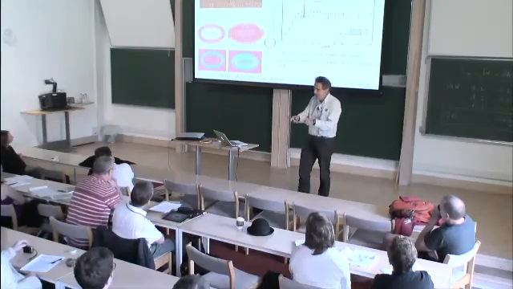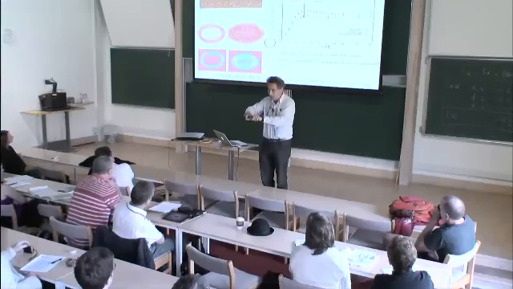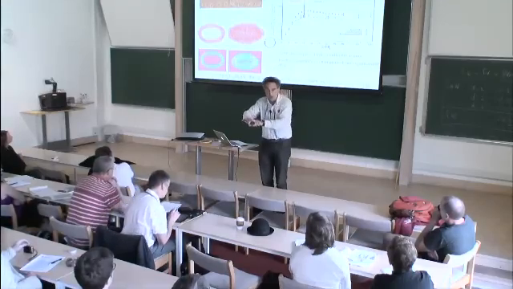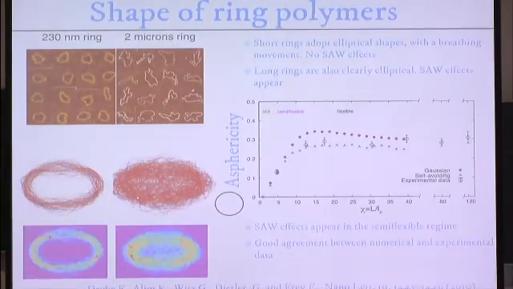But what does this mean? It means that the excluded volume interaction changes when you go from short DNA to long one. And this excluded volume interaction has an effect on the shape of the polymer. This numerical calculation was done by Erwin Frey at the University in Munich. And here you see the result.